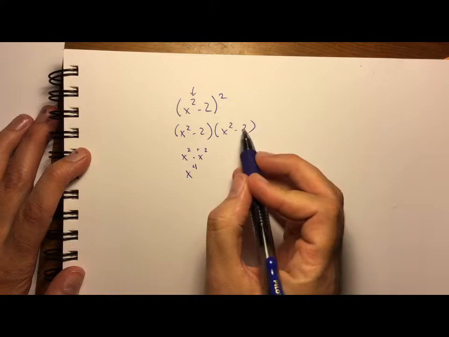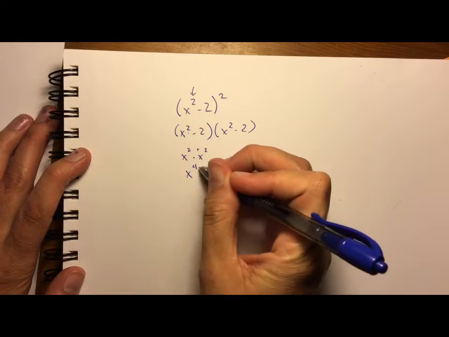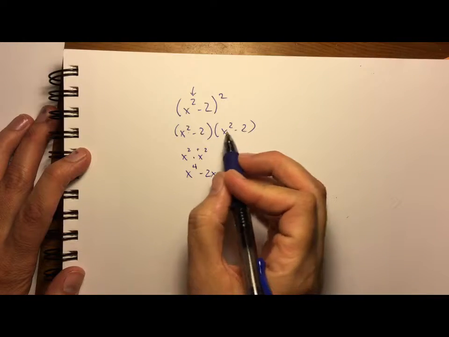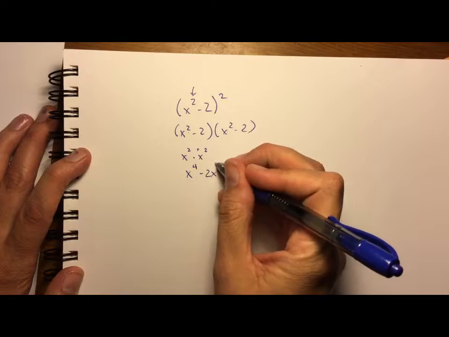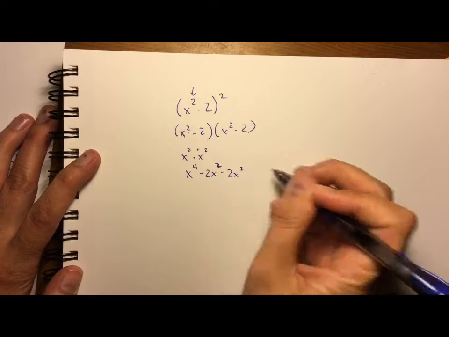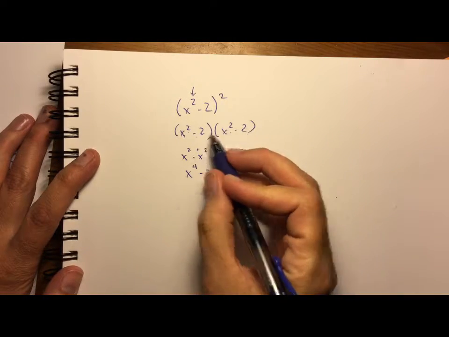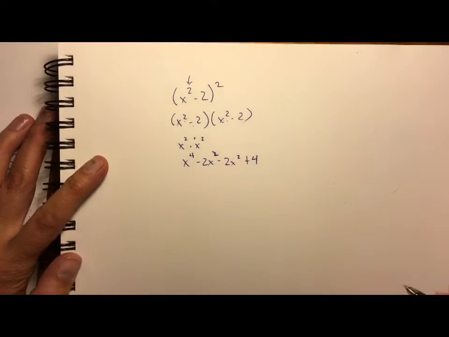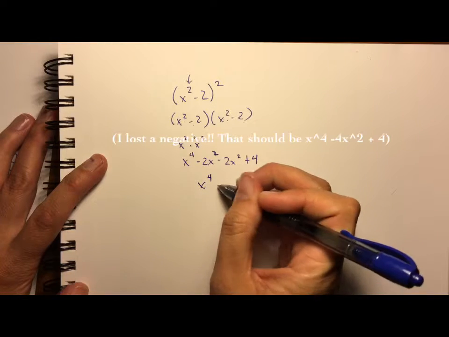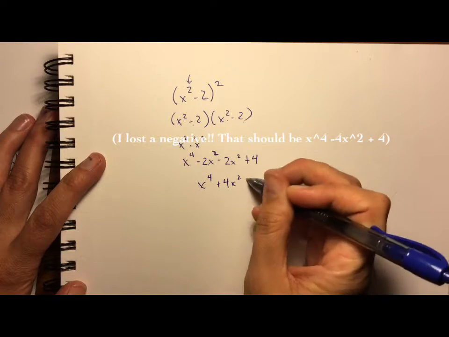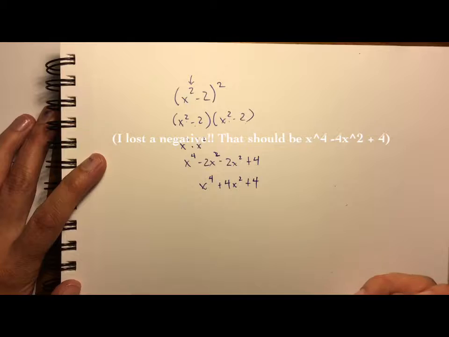Then minus 2x squared, another minus 2x squared, and negative 2 times negative 2 is plus 4. So we end up with x to the 4th minus 4x squared plus 4. That's how you'd square that out.